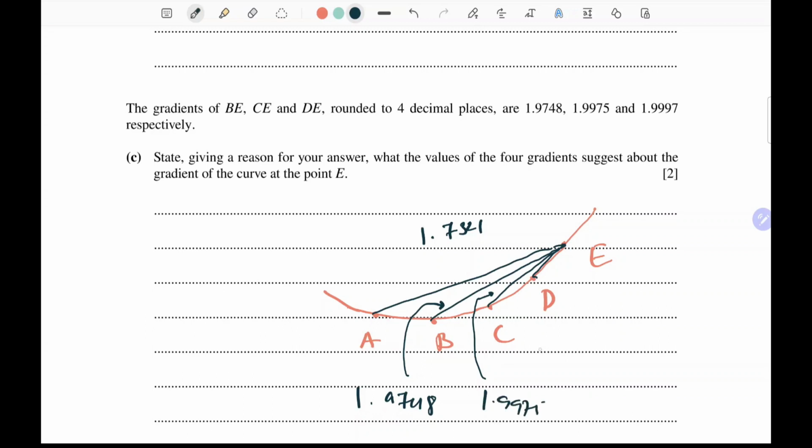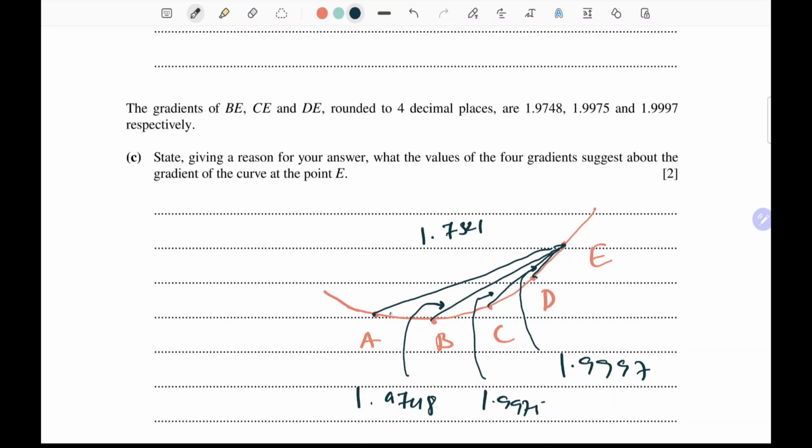What's the gradient of DE? 1.9997. It means as our points A, B, C, D approach E, our gradient value is coming closer and closer to 2.